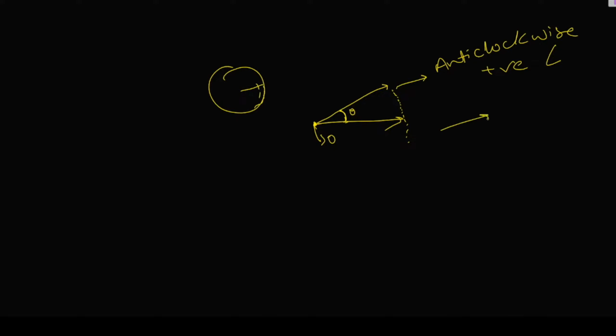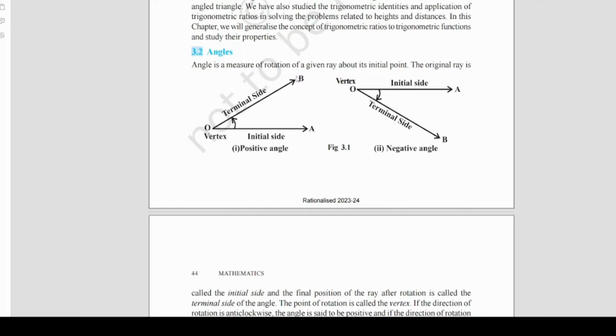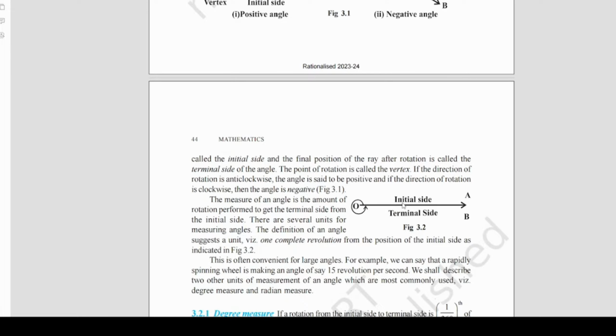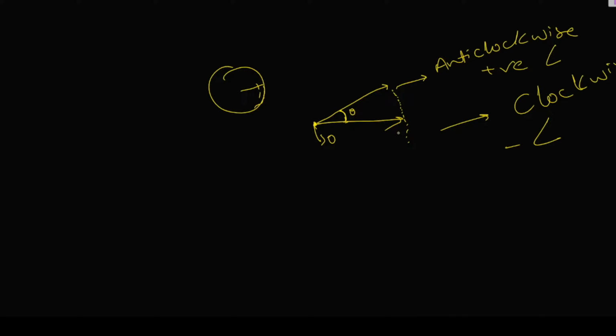So when it happens clockwise, we call it a negative angle. This is also mentioned in the first subchapter of this chapter, where it says something about angles. So this is called the angle, and then something called the initial side and the terminal side. So whatever you have seen, this was the initial side, and this would be the terminal side, right? So this is with respect to angle.